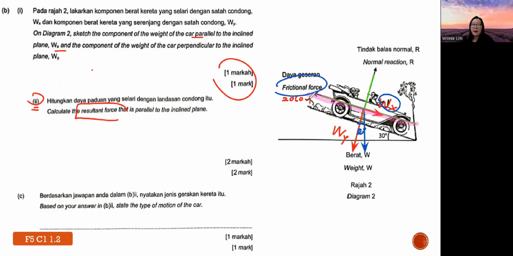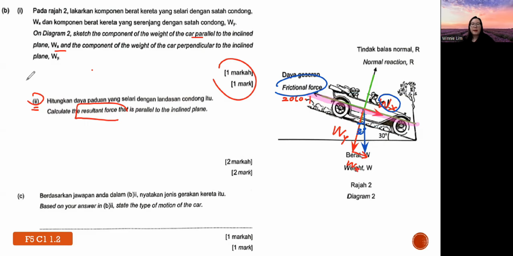That means you have to be careful, you're going to complete this triangle. Let me redraw the Wx, because some students get confused and use the wrong triangle. If you complete it like that, then it's wrong.